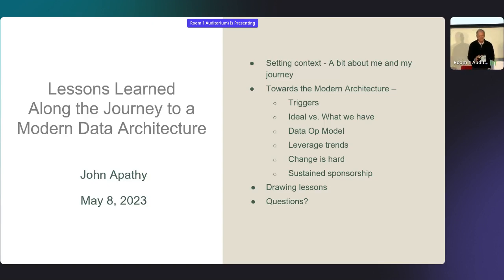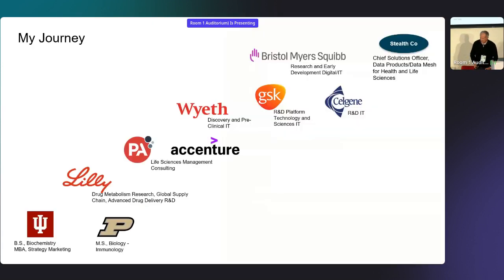But if you can get behind the trend, you can go far. And then talk about change. And we've already had this morning a brief conversation about how change is hard, particularly in a complex environment like a large multinational, multi-billion-dollar pharmaceutical company. And along the way, I'll be drawing some of the lessons.